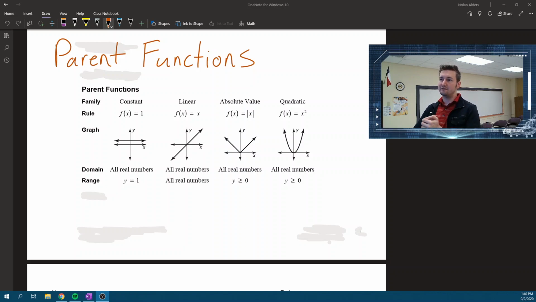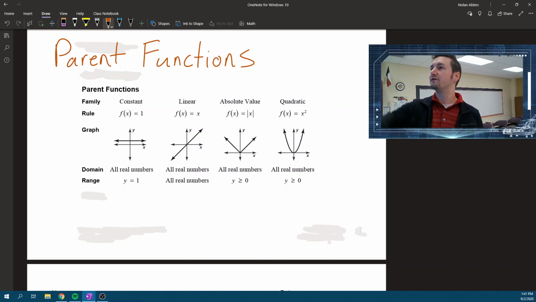So we have 4 parent functions, and all a parent function is, is a basic function that represents an entire family of functions. So we have 4 that we're going to look at, and if we look right here, this is the family name of each function. So that's just what we call each function.